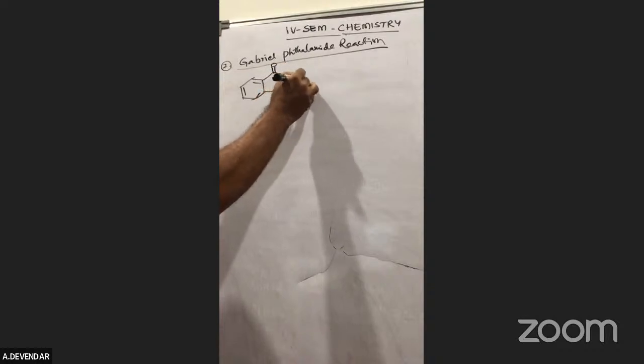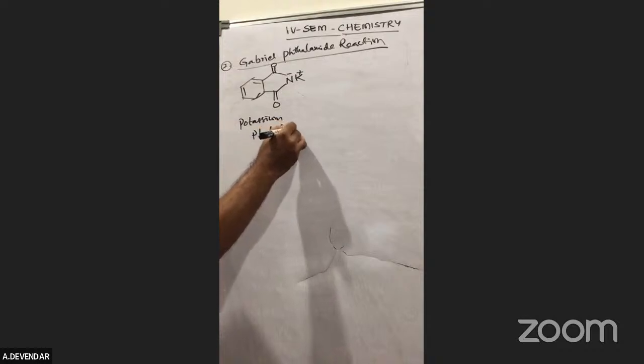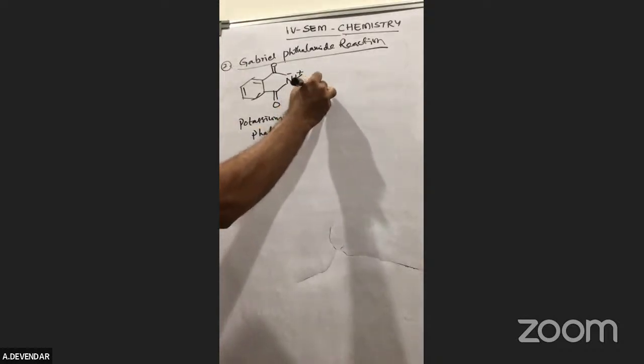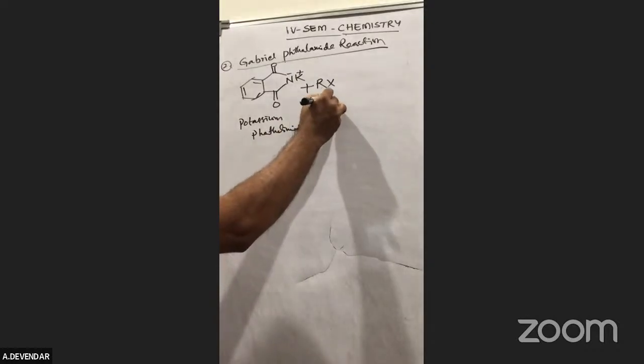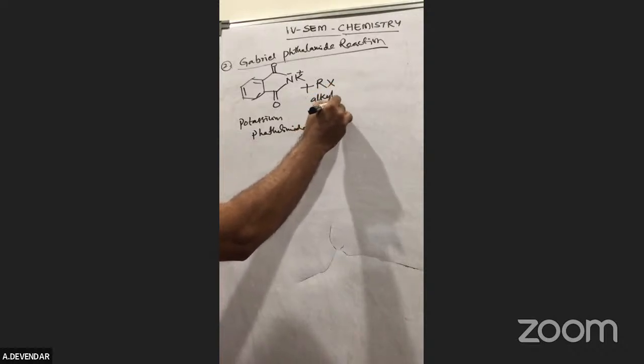This is potassium phthalimide. It is reacted with an alkyl halide, and an intermediate product, the derivative, is obtained.